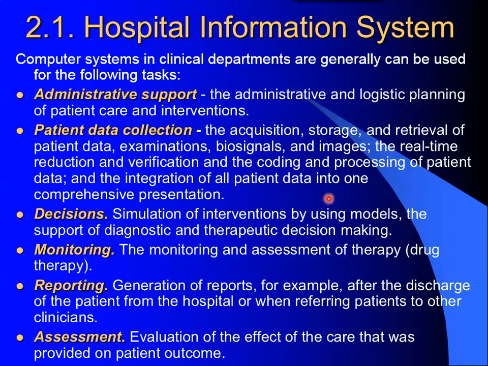How to turn it to CIS? We just need to take administrative support, the first point, and move it down to about the 5th position, and bring patient data collection and decision monitoring above. So here we move from HIS to CIS.